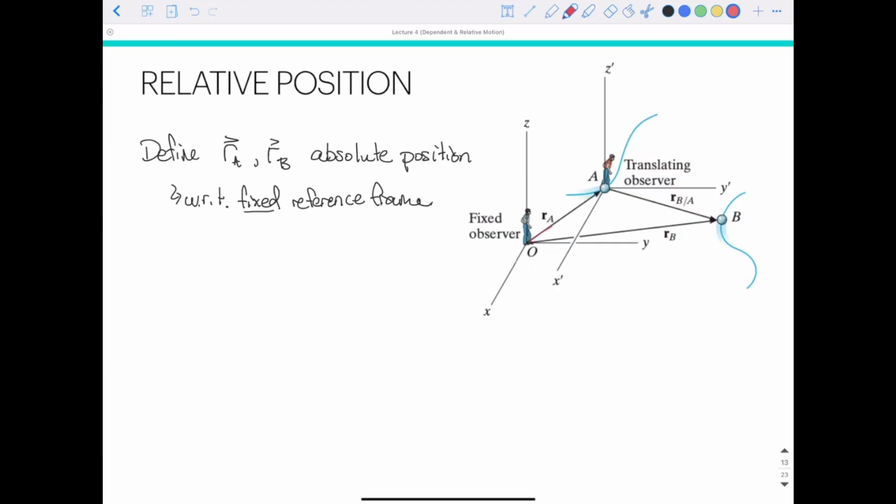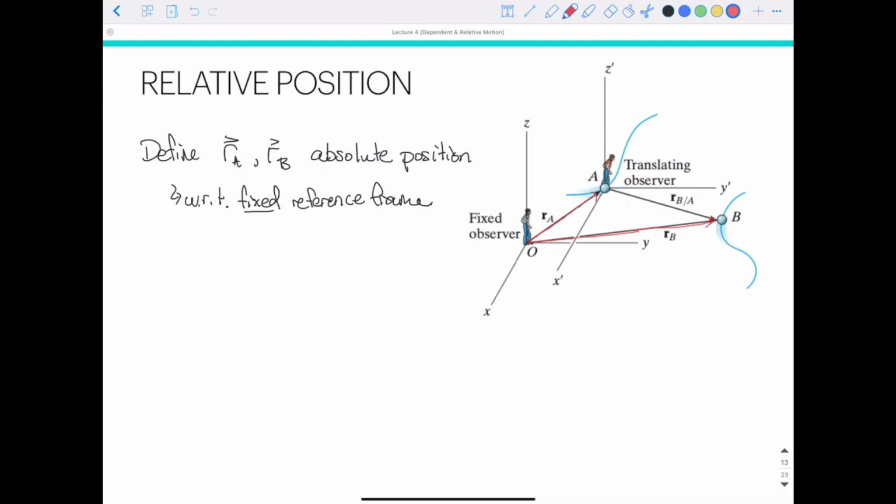So we have our position vector RA here, and that's going from our fixed observer to our translating observer, or our observer that's moving, observer 1 or object 1. And then we have RB, which is our position vector from our fixed observer to our object at point B. So our translating observer now is located at point A, and that person or that object is also moving.